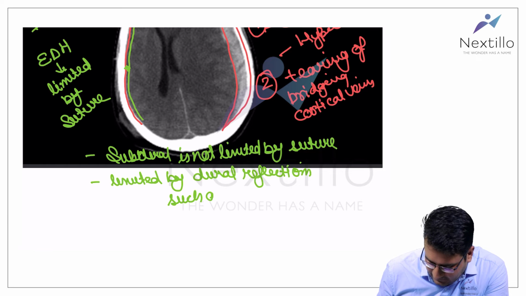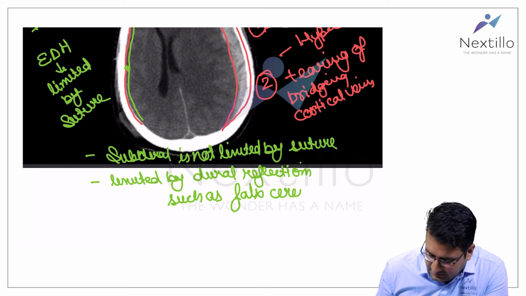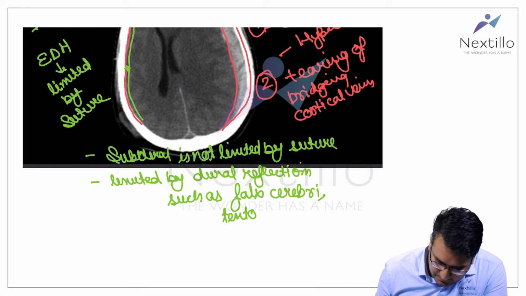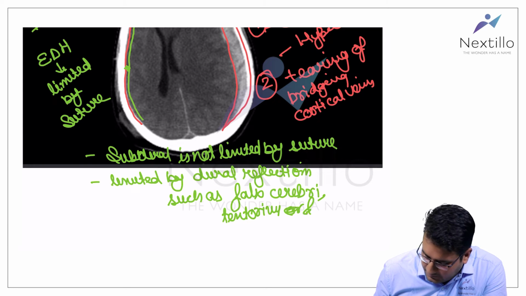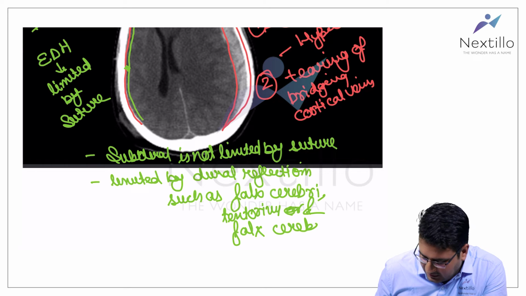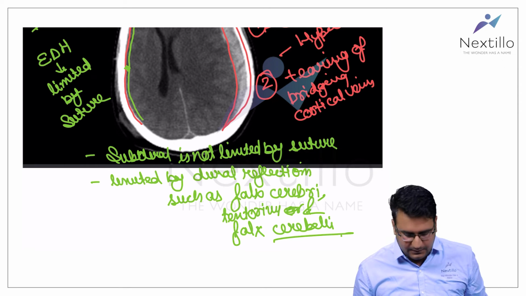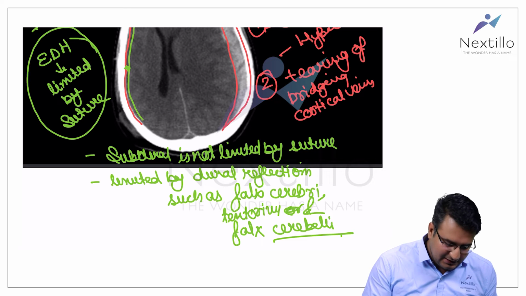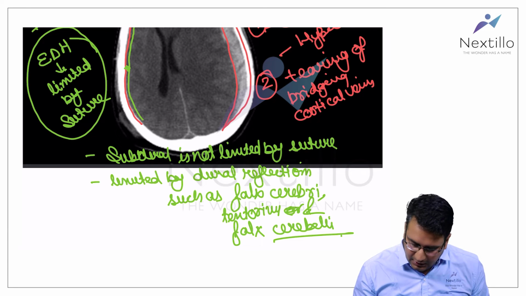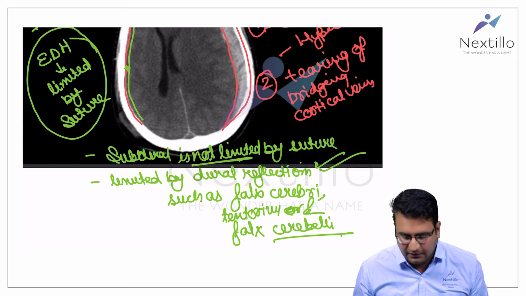Such as falx cerebri, tentorium, or falx cerebelli. Okay, so these are the points: extradural hemorrhage is limited by the sutures, and the subdural is not limited by the sutures, but it's limited by the dural reflections.